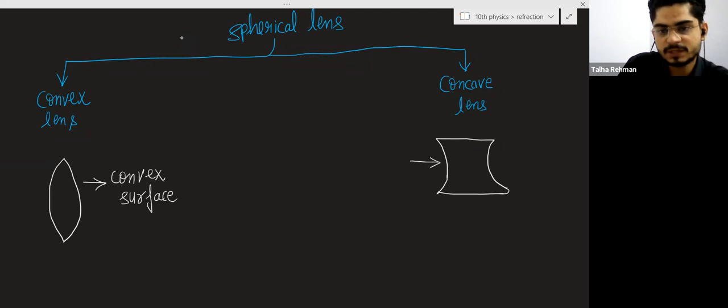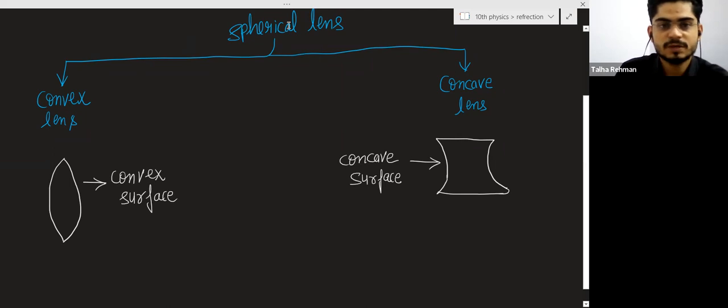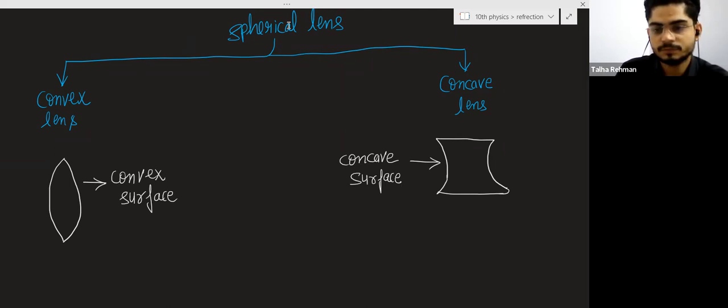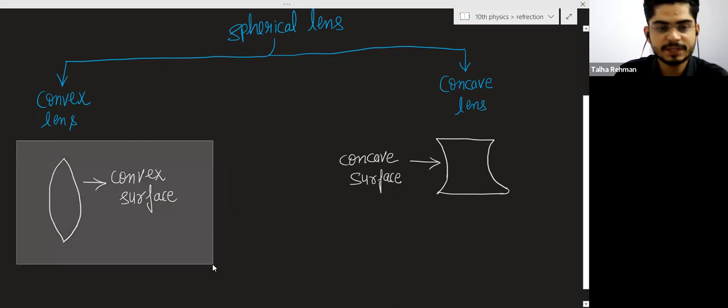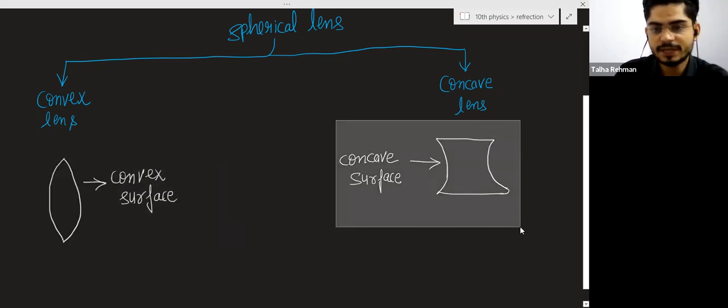And this surface is bulging inward, so you will say concave surface. So the convex lens looks like this, the concave lens looks like this.